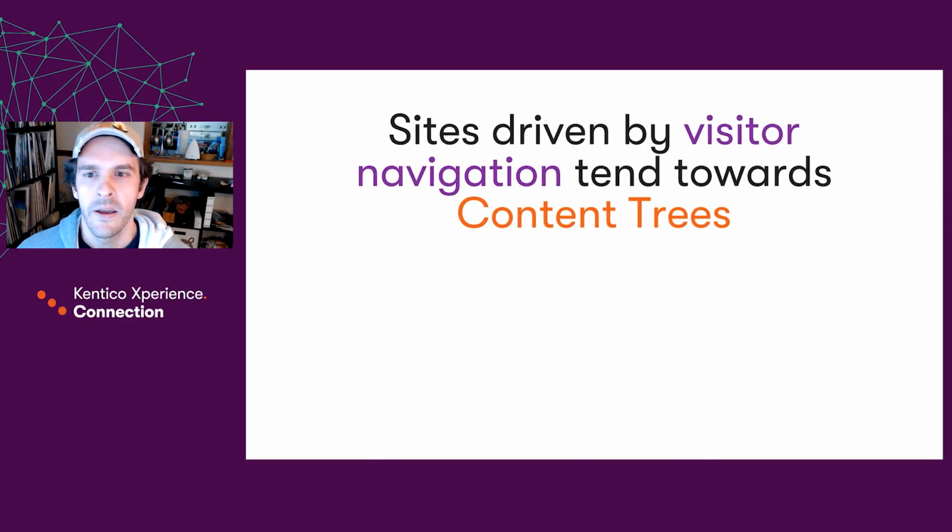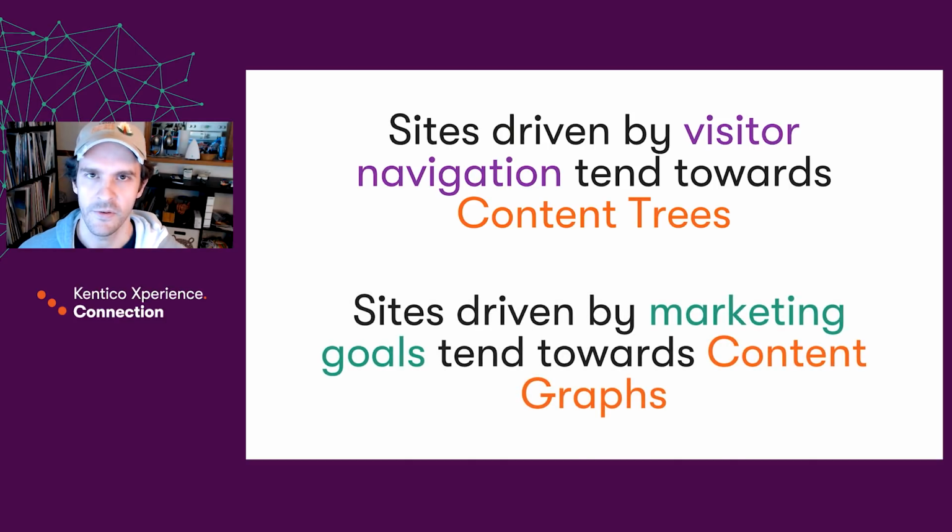Sites driven by visitor navigation tend towards content trees, and this typically results in single-use content. So you have a tree where each piece of content is only used maybe in the parent above it or in its siblings. Whereas sites driven by marketing goals tend towards content graphs. And graphs have multi-use content where content is related to each other all over the site.